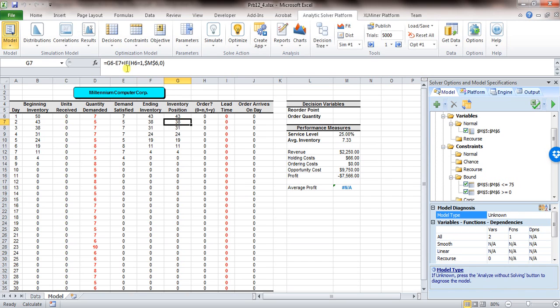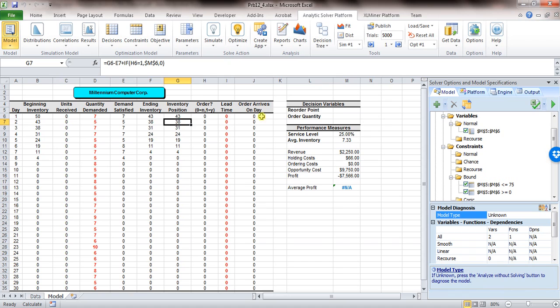Inventory position is the previous inventory position minus demand satisfied, plus the order quantity if there was an order, else 0.